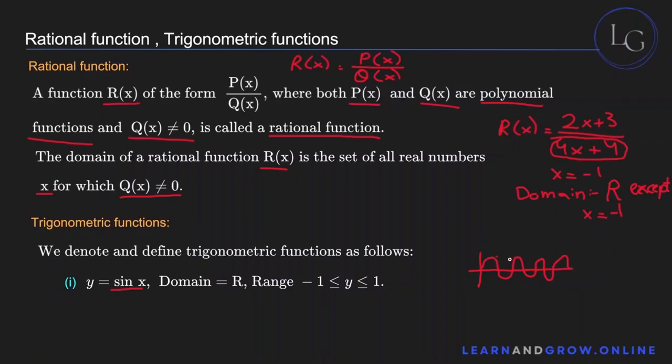The maximum points are at y is equal to 1, and the minimum points, these dips, these valleys, are at y is equal to negative 1, which is why the range of this function is y lies between negative 1 and 1. But the x values can go on forever. The domain is the x value, the range is the y value. So the domain is all real numbers, right?